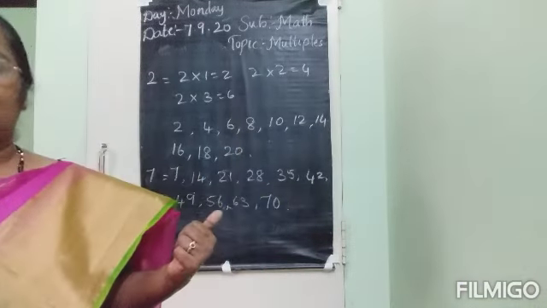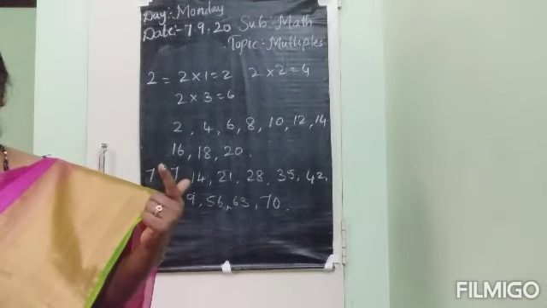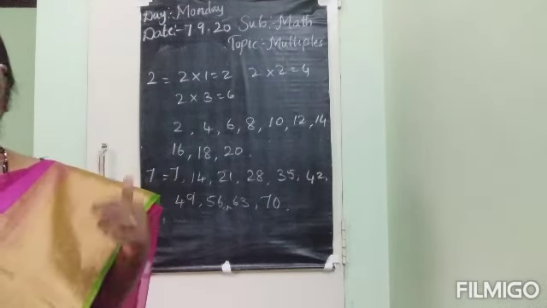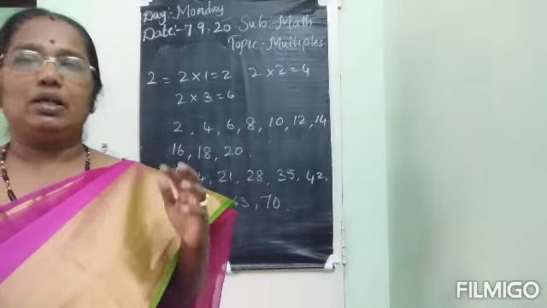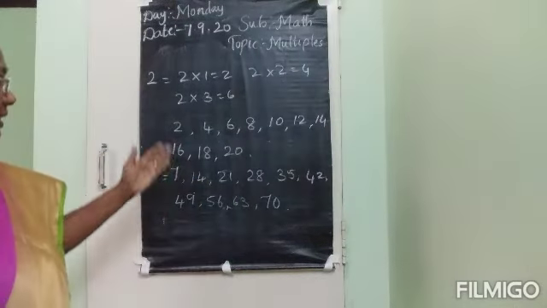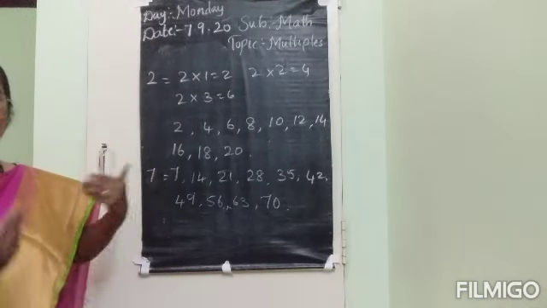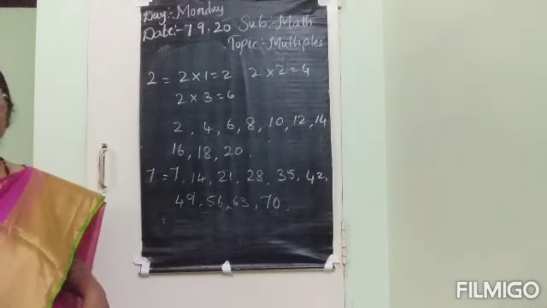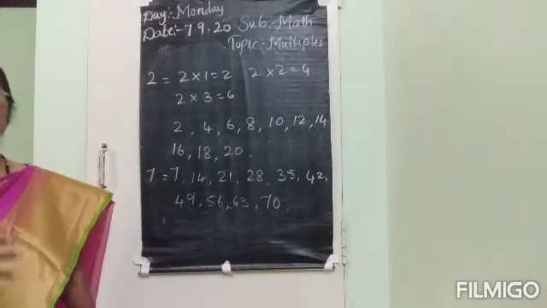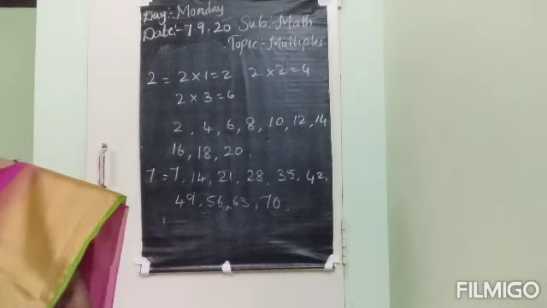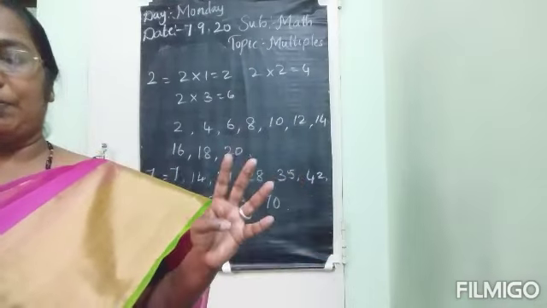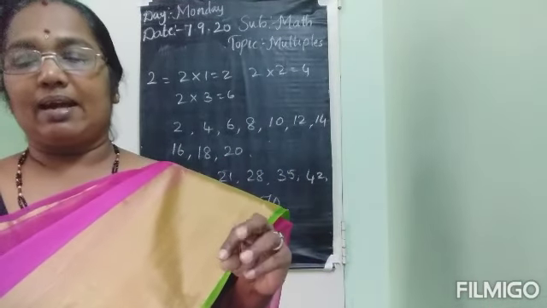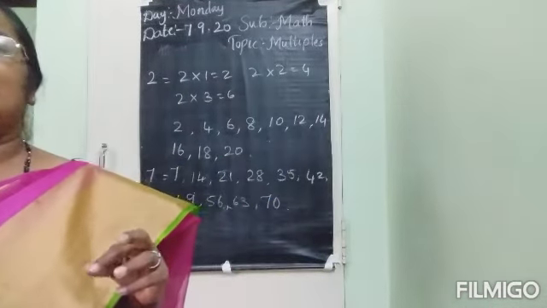Now the third property: every number is a multiple of itself. 2 ones are 2, so it is a multiple of itself. 2 twos are 4, like that. Fourth property: a number can have any number of multiples.